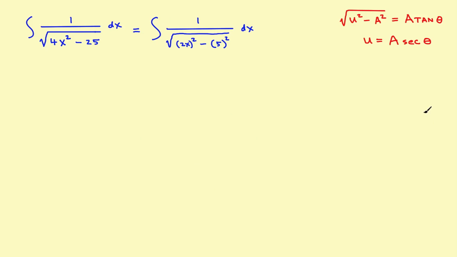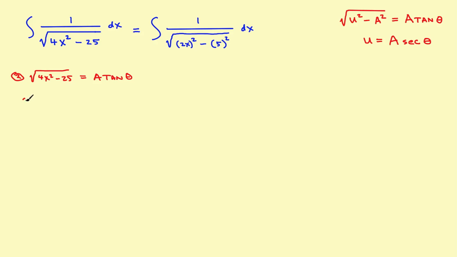So in our problem, what that's going to look like, I think we'll do this one in red. This will be step number 2. So what step 2 is go ahead and express the square root, which would be the square root of 4x squared minus 25, and we'll set that equal to some kind of an a times the tangent of theta.